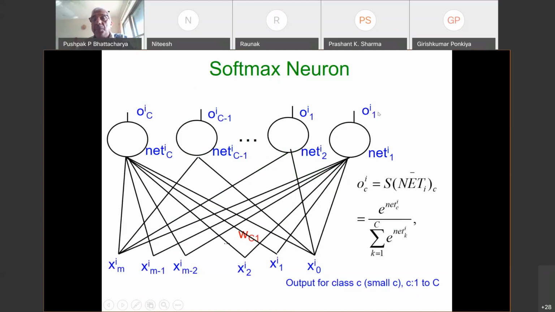So Oi1 is giving the probability of the input vector belonging to class number 1, Oi2 the probability of belonging to class number 2. So if these are dog, cat, boat, and bird, then each of these values gives the probability of the input image being that of a dog or cat or boat or bird. So these are probability values.